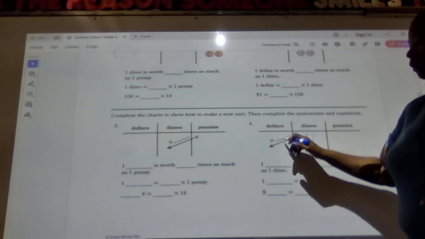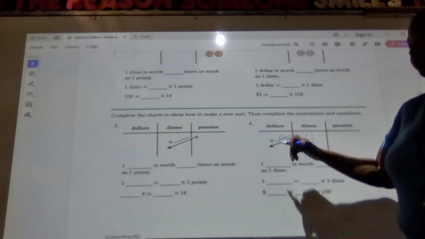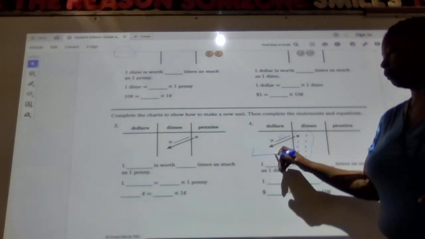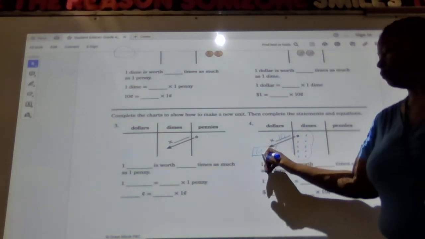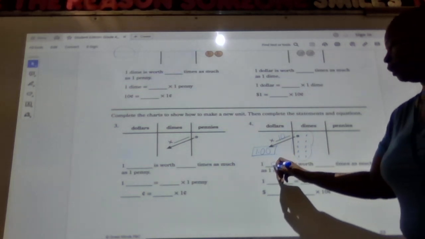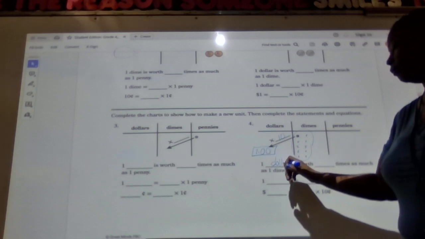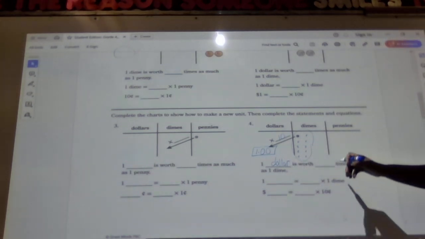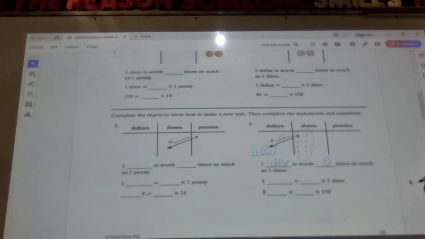There's my arrow moving it over. I know it's times 10. Now we know that creates my $1. We're going to do our rectangle. Represents our $1 bill or our hundreds. So $1 is worth 10 times as much as 1 dime.